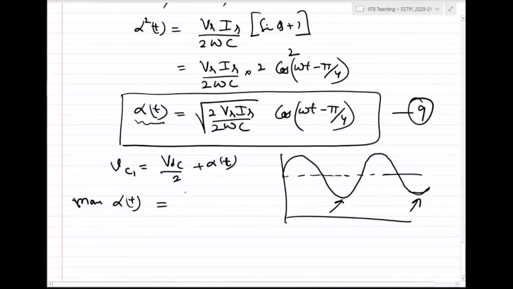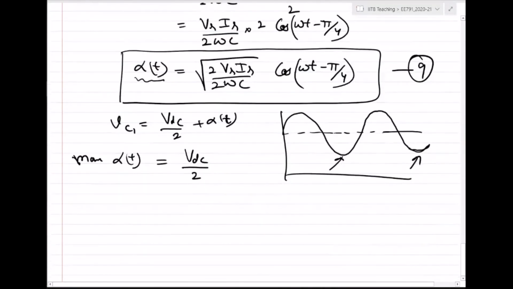Alpha of t can be maximum at VDC by 2. So if you substitute alpha as VDC by 2 and you take the square, and you take the maxima of the right hand side, what you get is VR IR upon omega C.